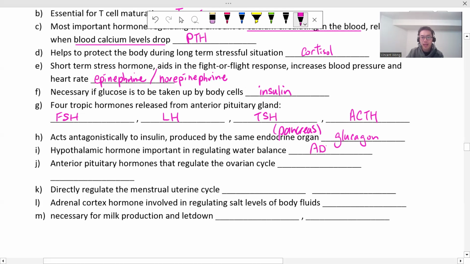That should be ADH. Yes, it's released from the posterior pituitary, but it was actually produced in the hypothalamus.